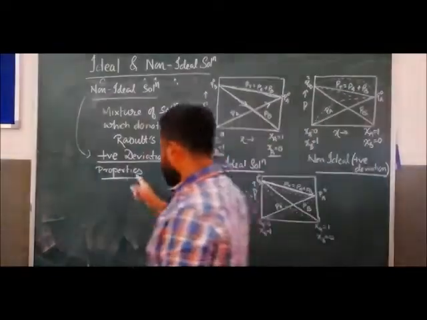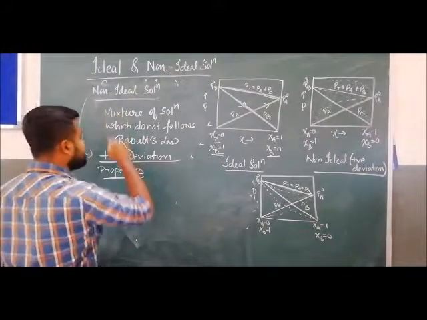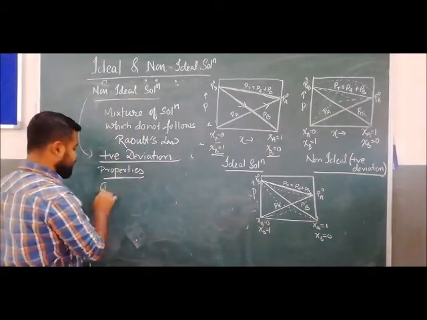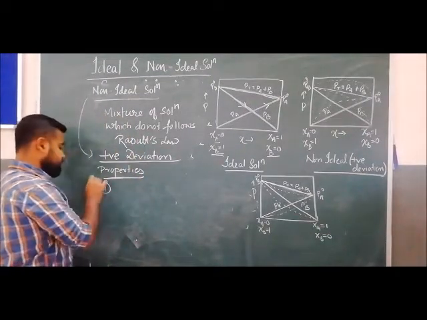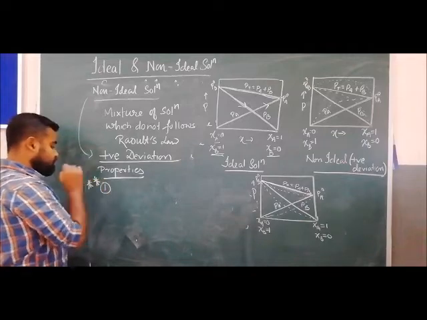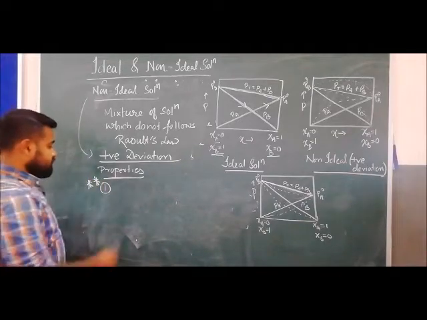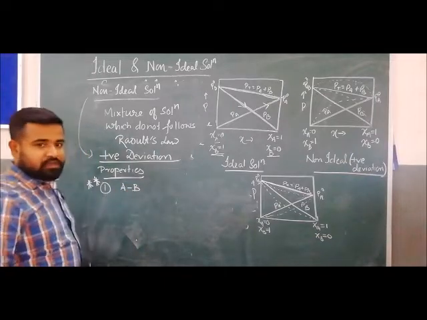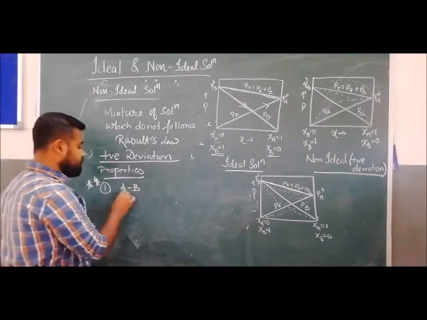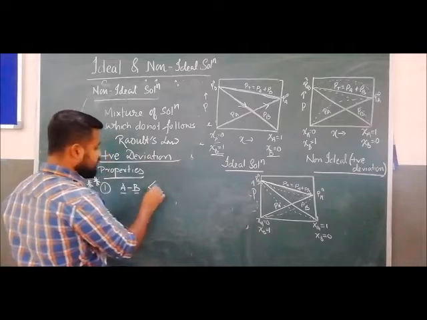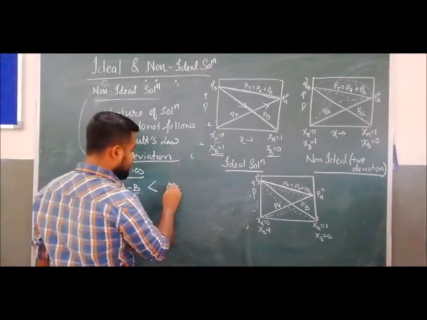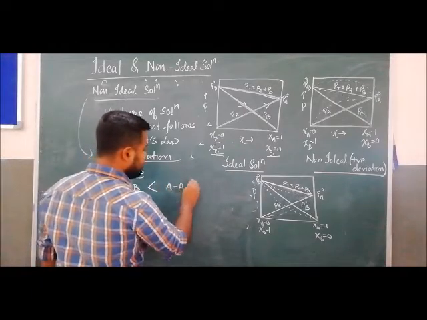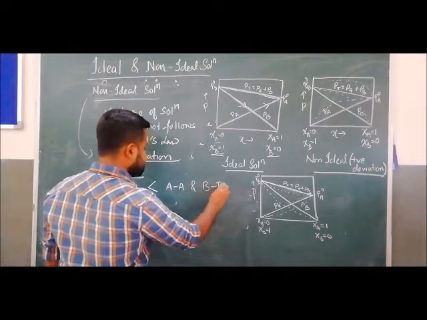First point, it is very, very important, make a star mark. The AB interaction, means solute solvent interaction, is less than AA and BB interaction.